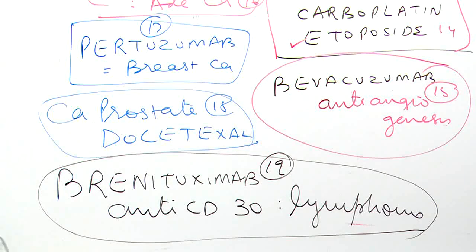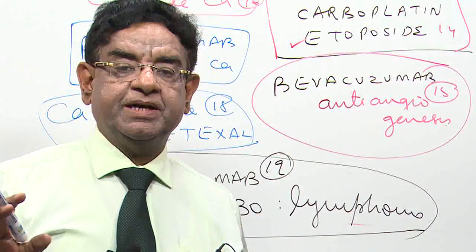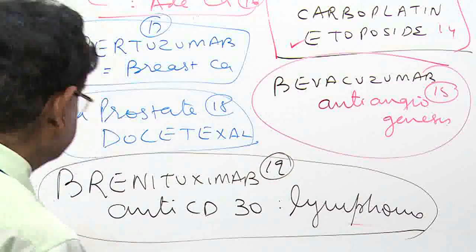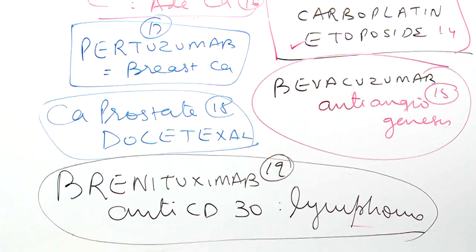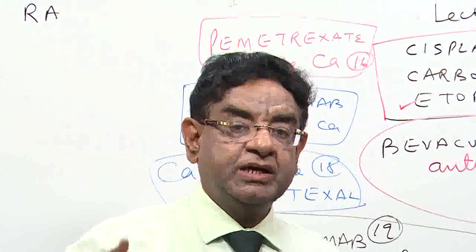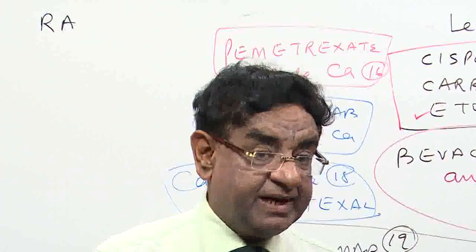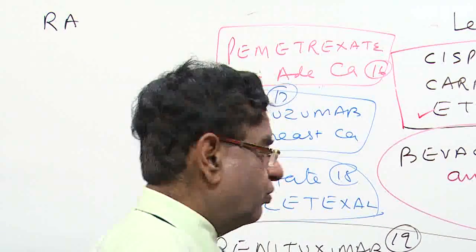Now, the new drugs specially updated in the 19th edition of Harrison. Rheumatoid arthritis. Remember, the previous drugs I have given you the list in the previous lecture. Now, the drugs which have only recently come in the 19th edition, I am talking about those drugs only.